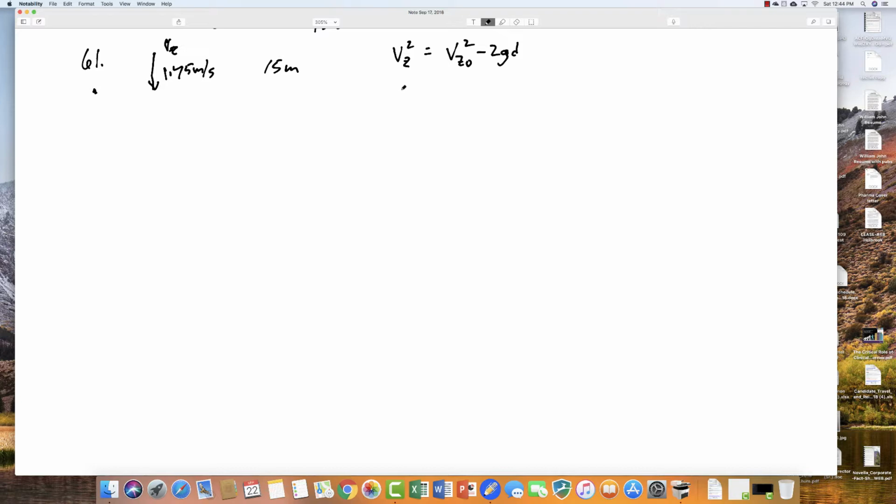And so that means that Vz is equal to the square root of Vz0 squared minus 2 times minus 9.8 times 15, which is the height from the deck.